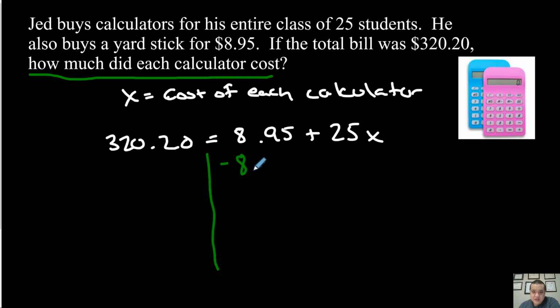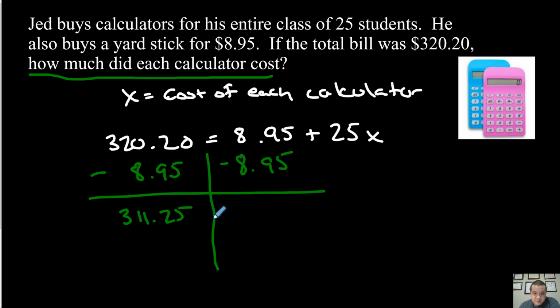Subtract $8.95 from both sides. What we get is $311.25 equals 25x. So we're going to divide both sides by 25, or multiply by 1 over 25, however you think about it.